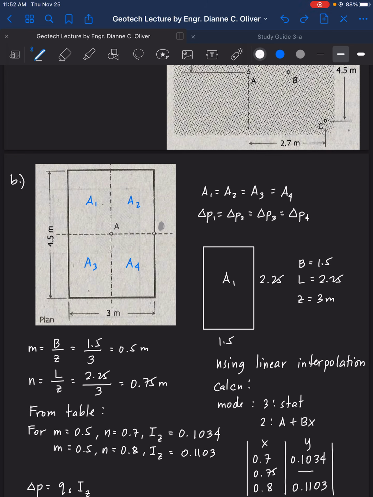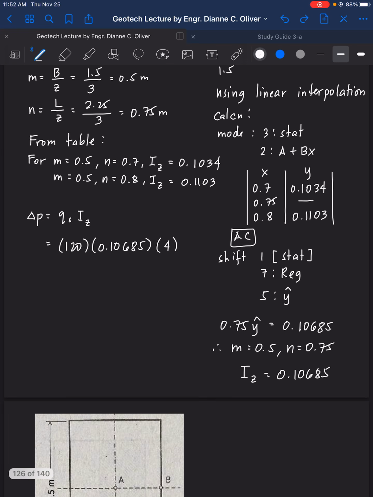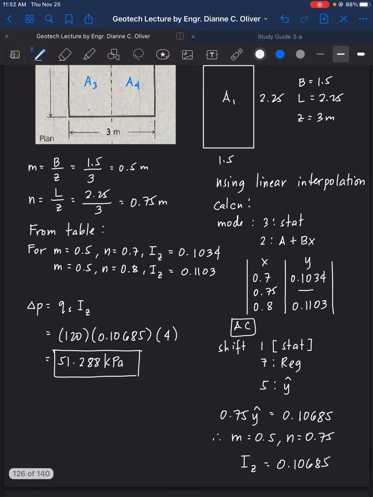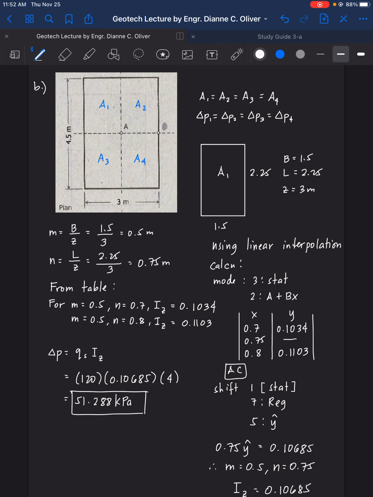So the value of delta P here will be multiplied with 4. So 120 times 0.10685 times 4 is now equal to 51.288 kilopascal. Right? So we now have our B.